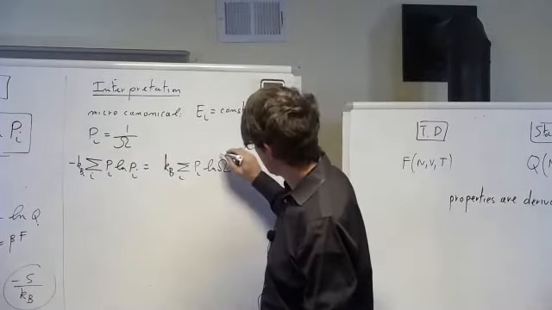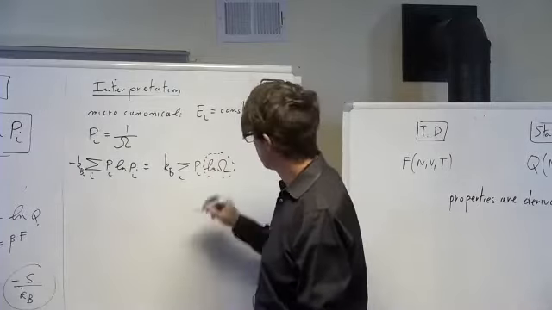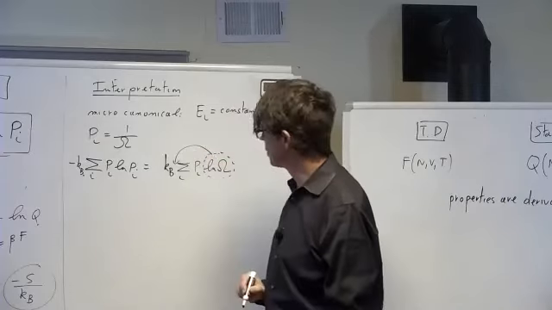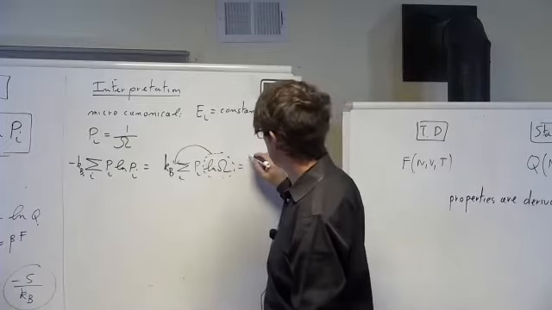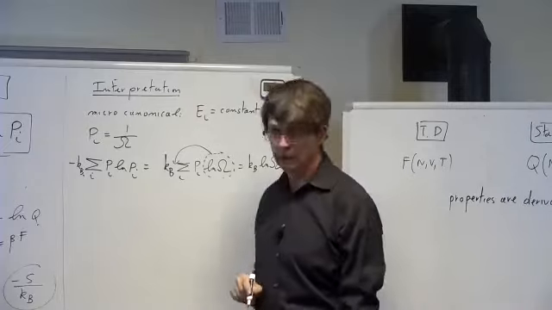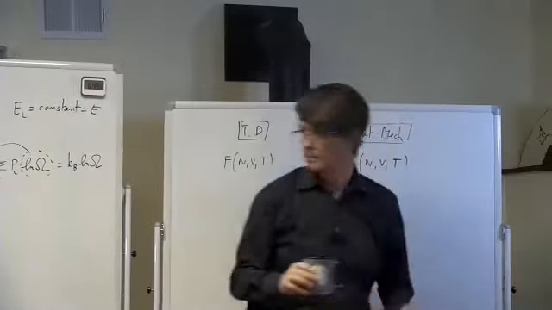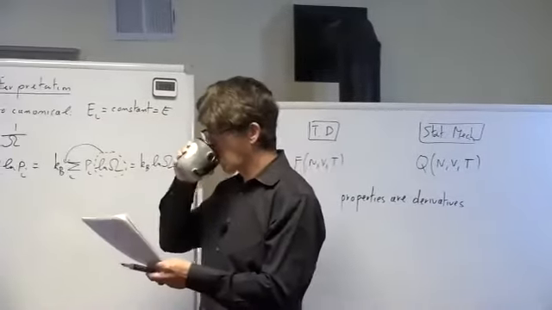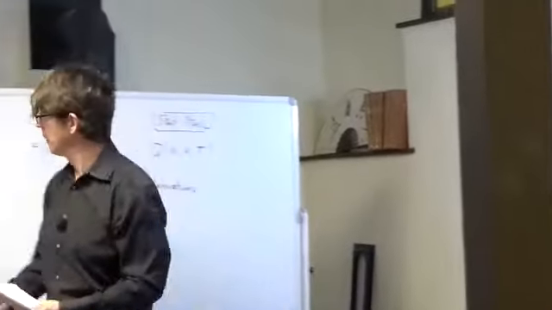So here I'm summing something that's constant, so it can go outside of the summation sign, and then I just sum over all the probabilities, so this is equal to k_B log omega. So from the Gibbs formula, I've recovered the Boltzmann formula as it should, right? So that's good.